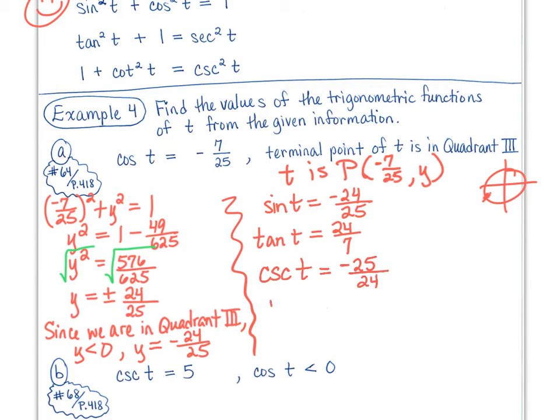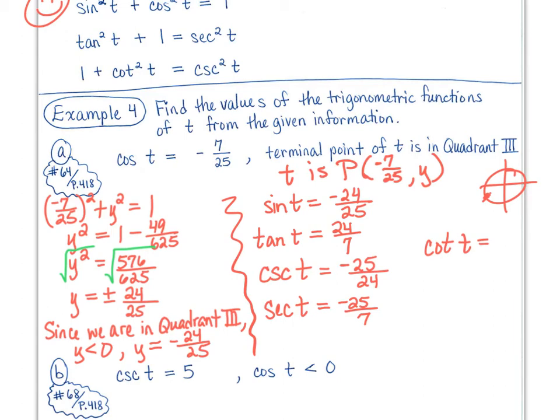Good. Secant of t is what? 1 over negative 7 over 25. Simplify, you get what? Negative 25 over 7. Good. And then cotangent of t is the same thing as cosine of t over sine of t.